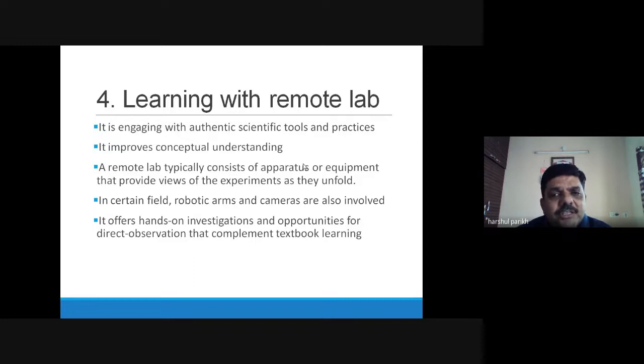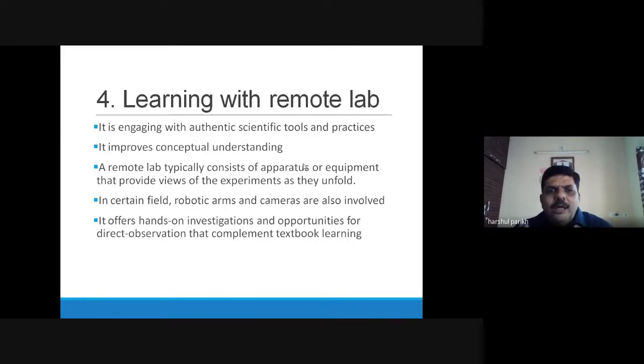In such cases, if students can learn a similar experiment with a remote lab, they can gain knowledge and understand the principle at home also. That means it gives learning flexibility.